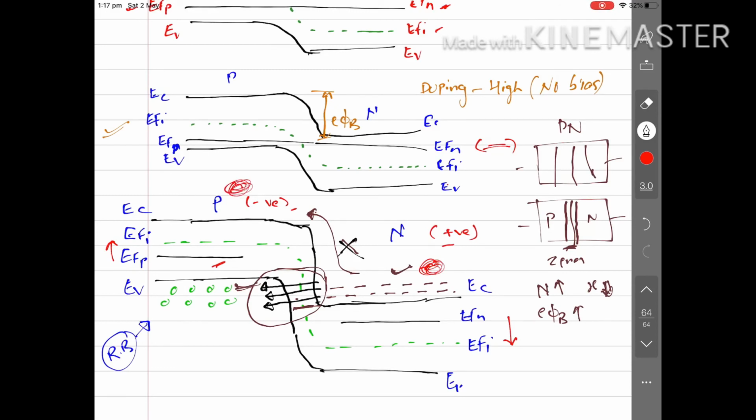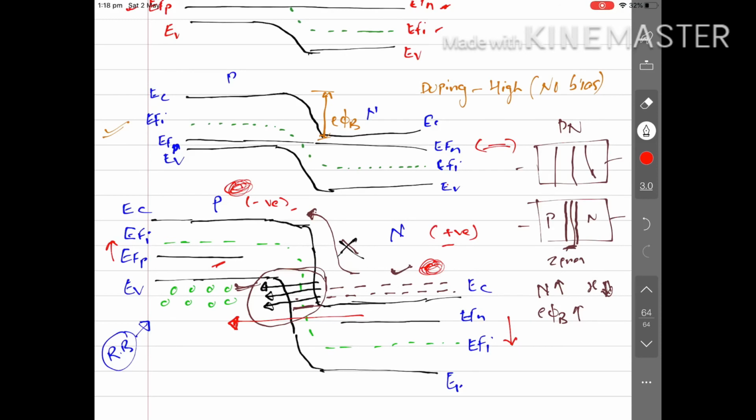So what they do is tunneling. Electrons from the conduction band pass to the valence band of the p-type through the tunneling effect, and as a result a constant amount of current starts flowing in the Zener diode.